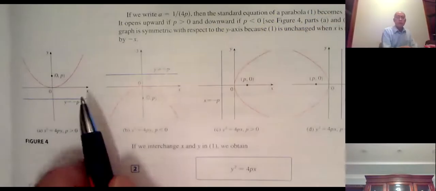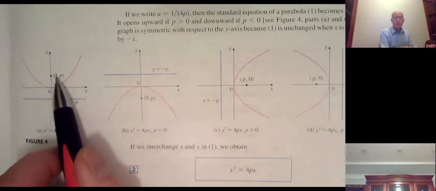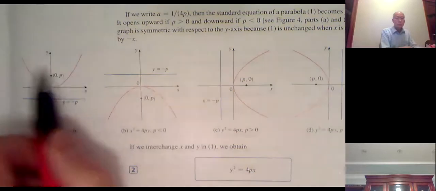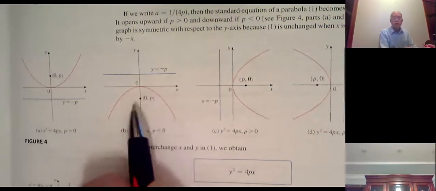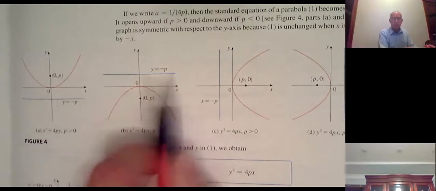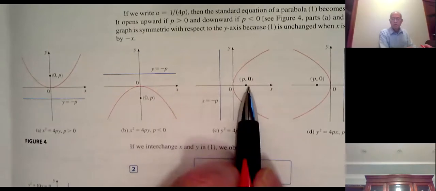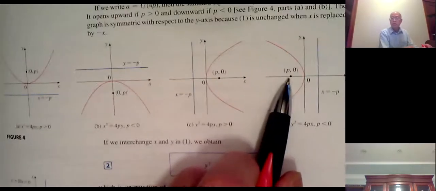You will notice in all of these cases, the focus is on the inside and the directrix is on the outside. So opening up, focus, directrix. Opening down, focus is on the inside, directrix outside. Opening right, focus, directrix. Opening left, focus, directrix.